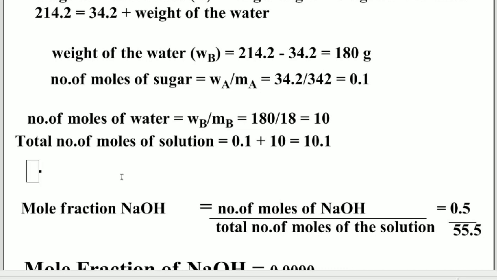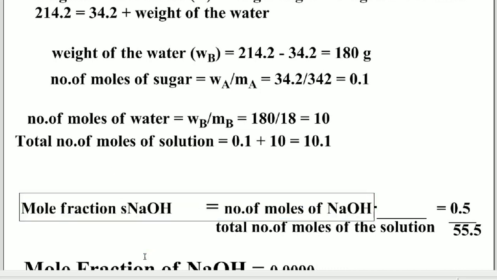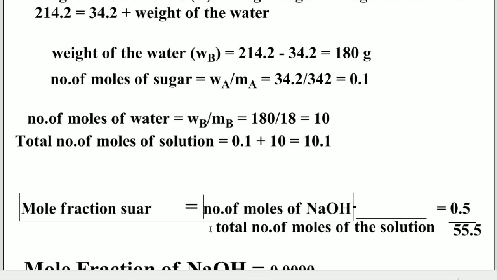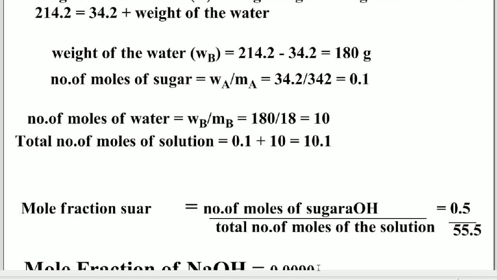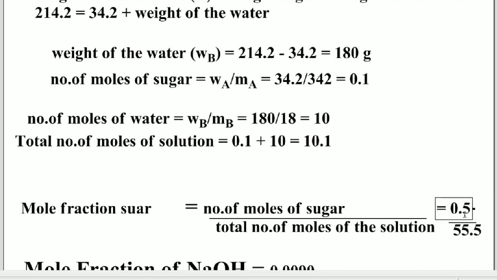Therefore students, mole fraction of the sugar is equal to number of moles of sugar by total number of moles of the solution. Number of moles of sugar is 0.1 and the total number of moles is 10.1.